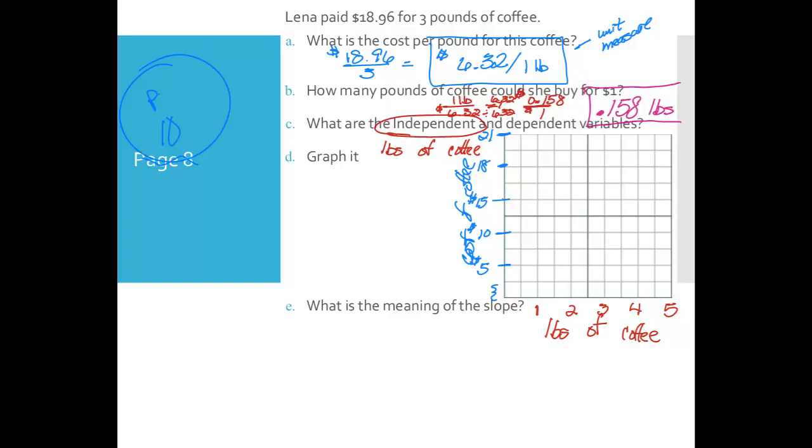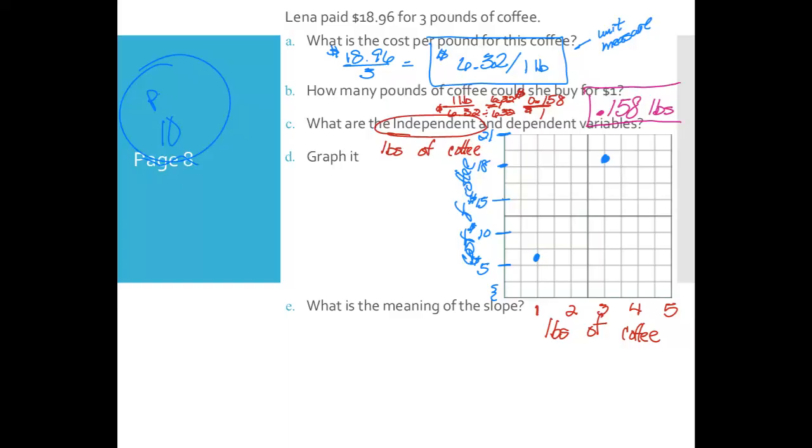That is really close there. 1 pound is $6.32, maybe about right there.